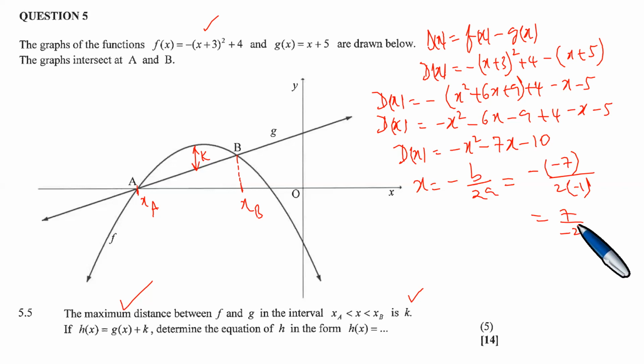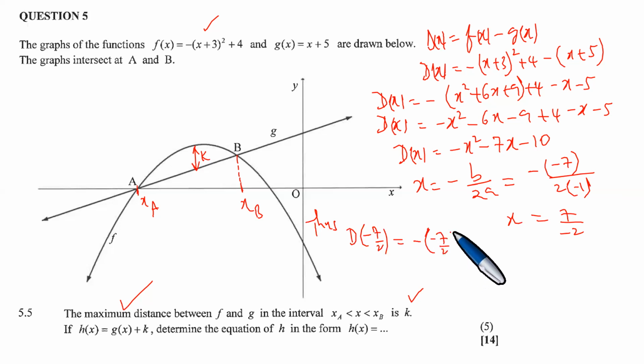So we got that x is minus 7 over 2. So thus we have the distance, which is, you plug it into the d of x equation, which is minus that, minus 10. Okay, so you manipulate everything.